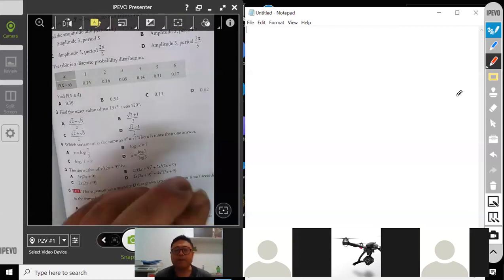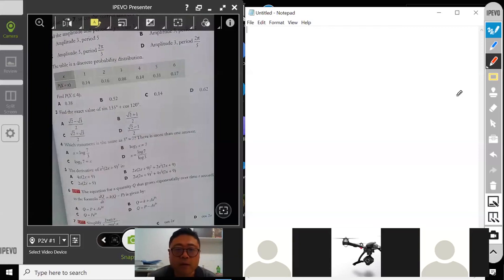So basically, we're going back to an acute reference angle. Acute being a first quadrant angle, less than 90 degrees, between 0 and 90. What would be the acute reference angle for 135? 45.